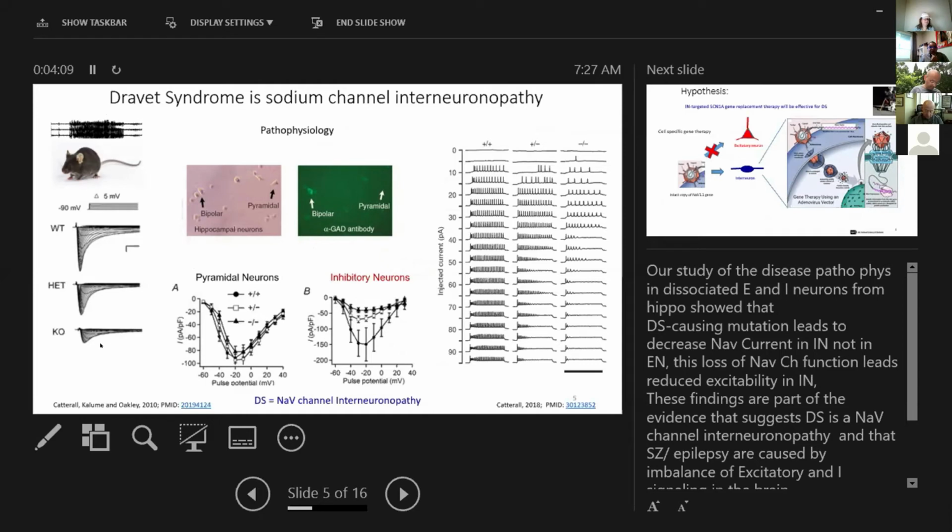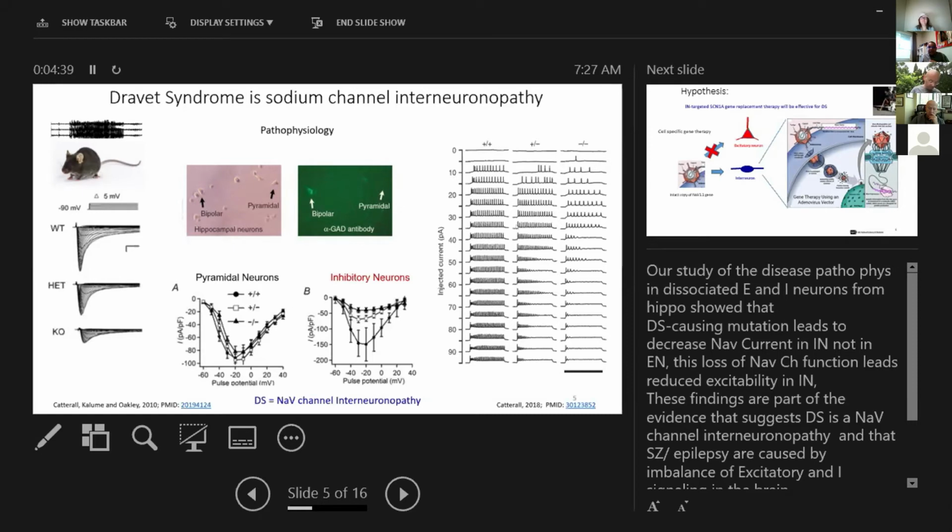We have shown that in the presence of the disease-causing mutation, cells in the hippocampus, and especially inhibitory neurons, have a reduced sodium current, as shown in this graph here. But excitatory neurons do not show any change in sodium current.